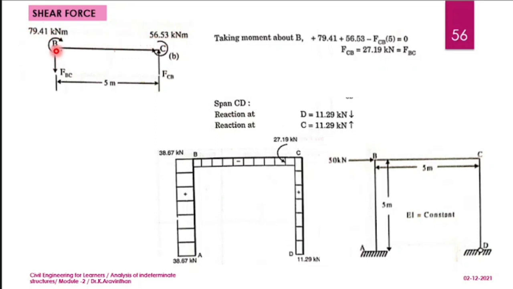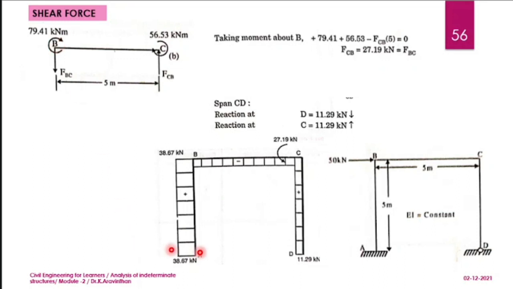So take moment at B. So take moment at B, FCB into 5 plus 56.53 and plus 79.41 equal to 0. Now you will be getting FCB.